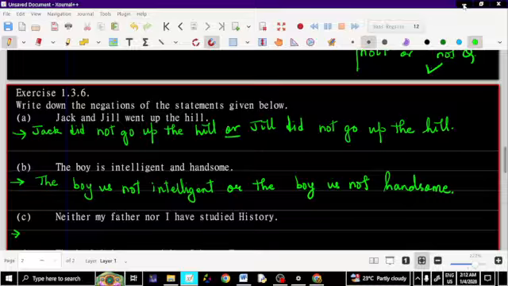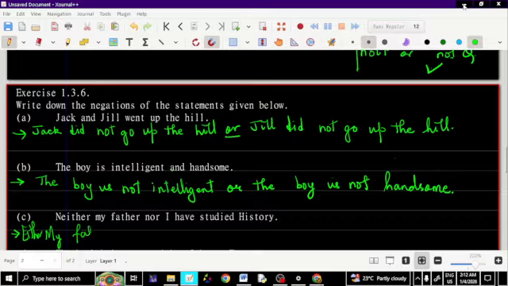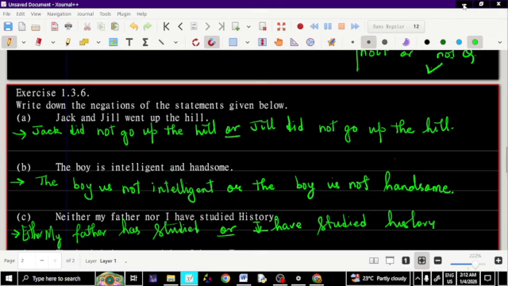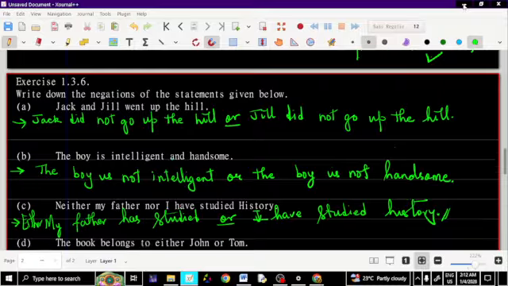Either my father has studied history, or I have studied history. At least one of us has studied history, to conclude that the given statement is false. So this is the negation of the third question, C.